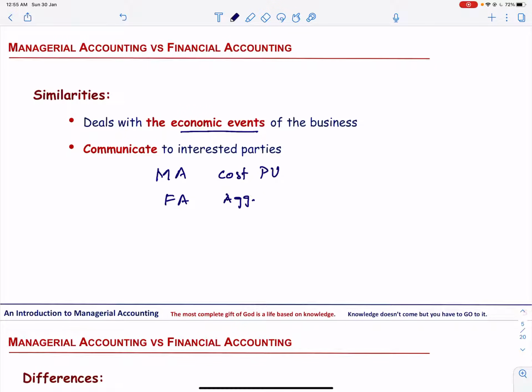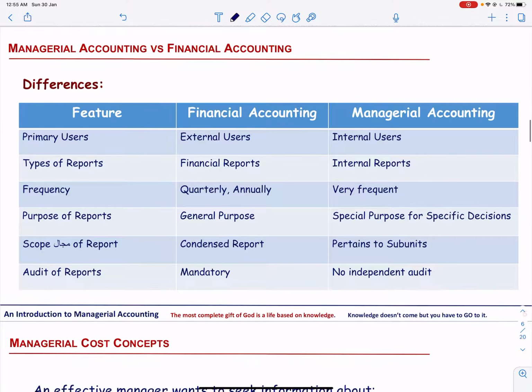Let us talk about how the two are different. The primary users of financial accounting information are the external users like investors, government, competitors, while managers are the primary users of the managerial accounting information.